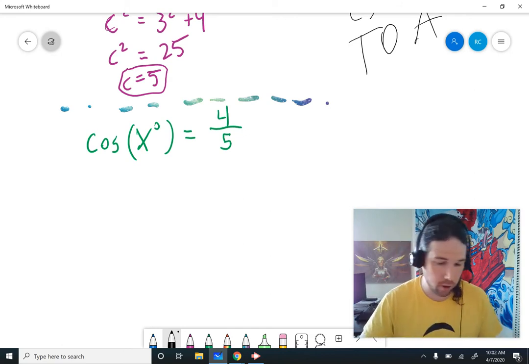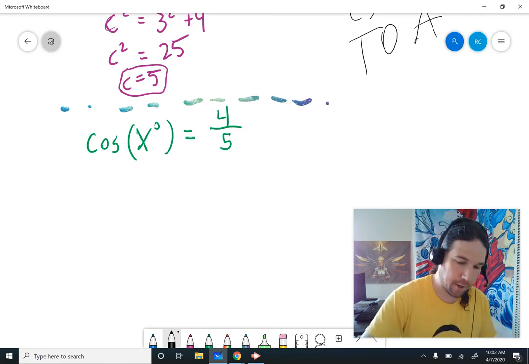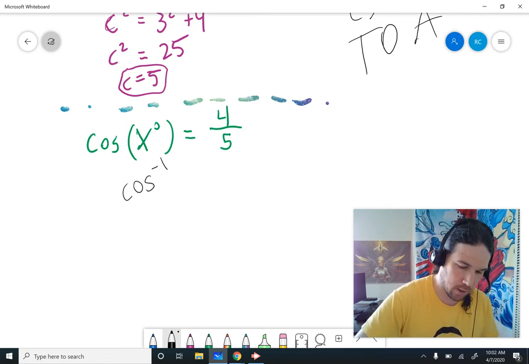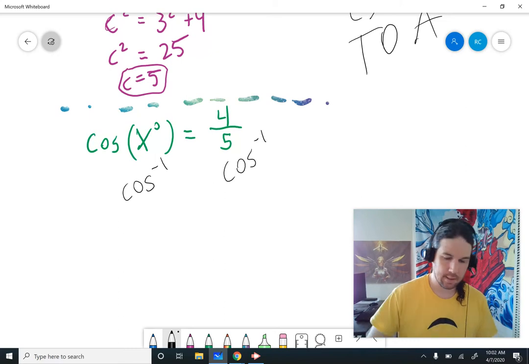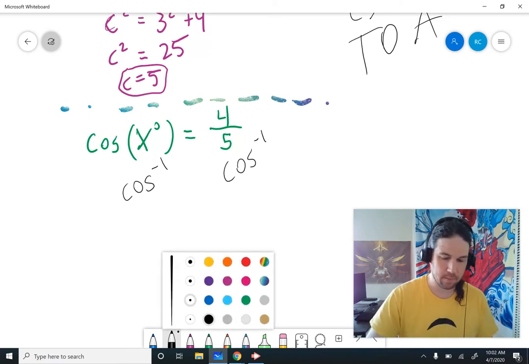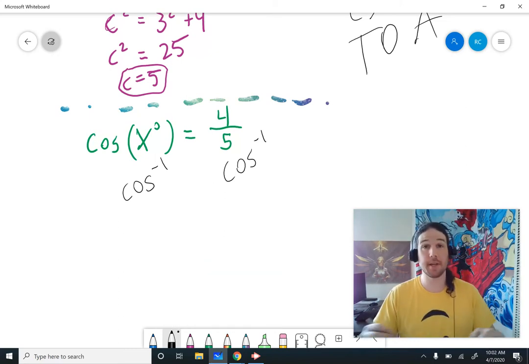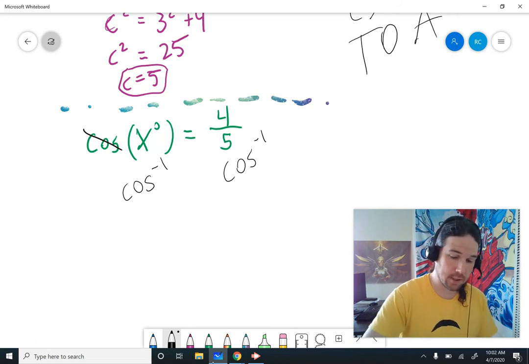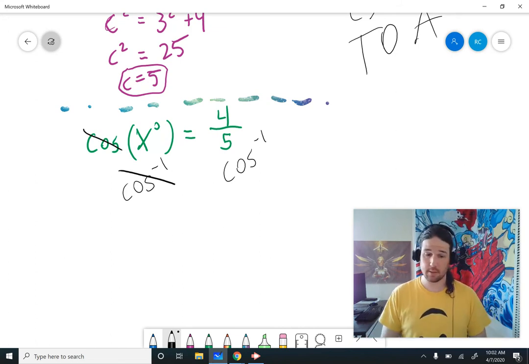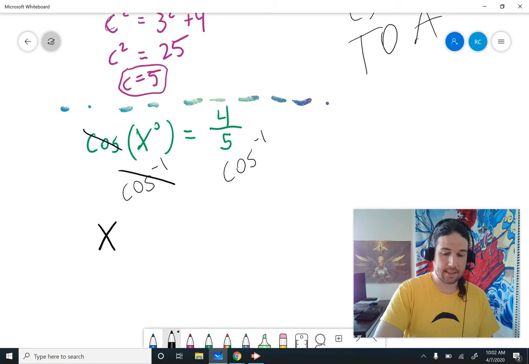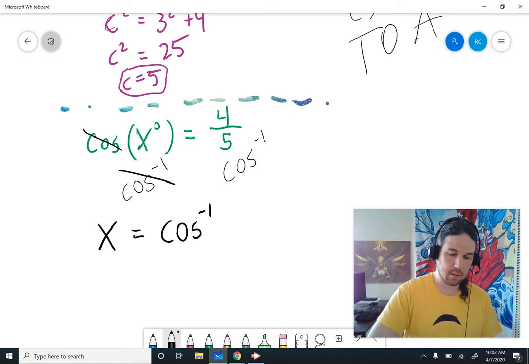On your calculator, the button will look like cosine -1, like to the negative first power, which we're going to do to both sides. The cosine and the inverse cosine cancel out, and we get x equals the inverse cosine of 4 over 5.